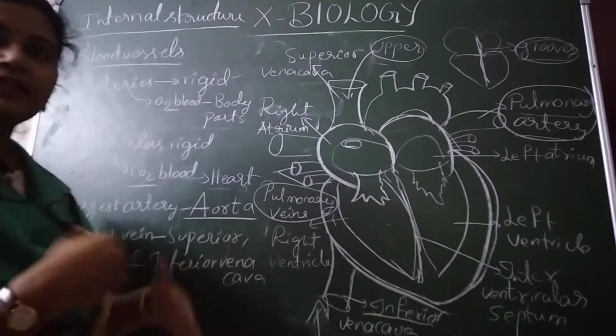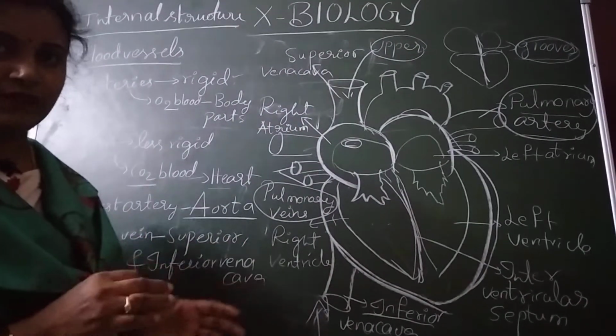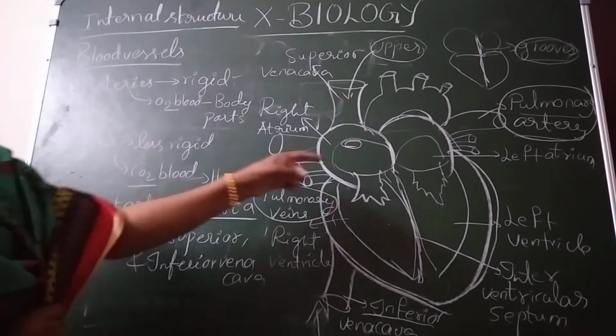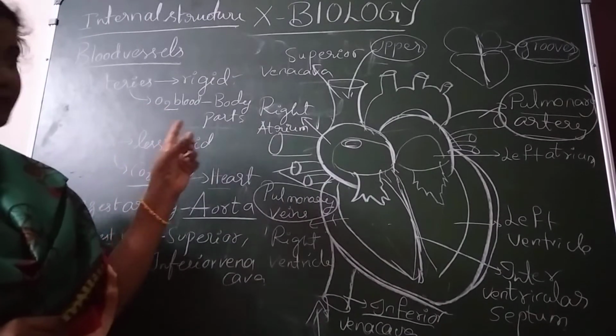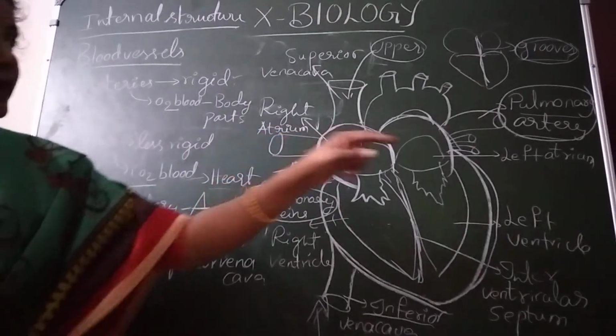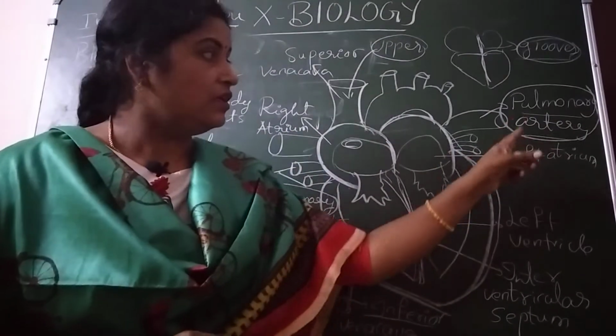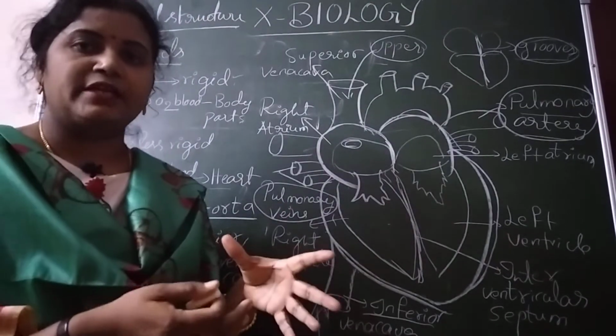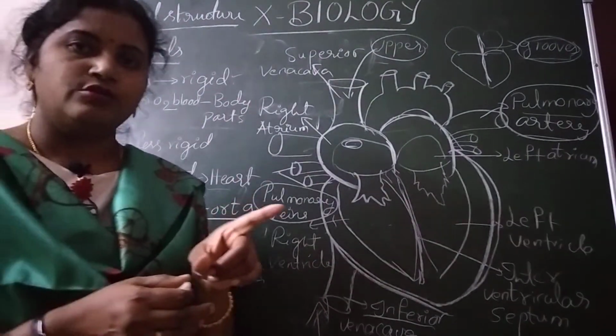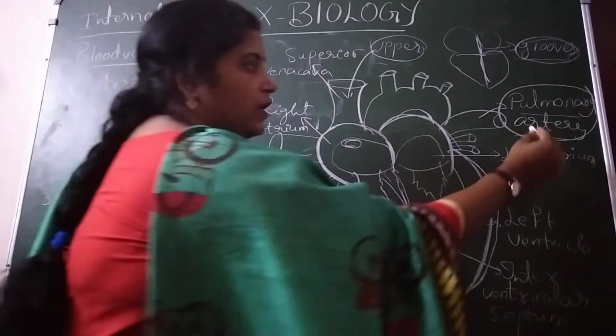These are exactly reverse to the artery function and vein function. Normally what I said, so artery విషయంలో ఏం చెప్పాను, arteries are going to carry oxygenated blood to the body parts. కానీ ఇక్కడ pulmonary artery విషయంలో ఏమవుతుంది, pulmonary artery is carrying deoxygenated blood to the lungs, that's why it is pulmonary artery.